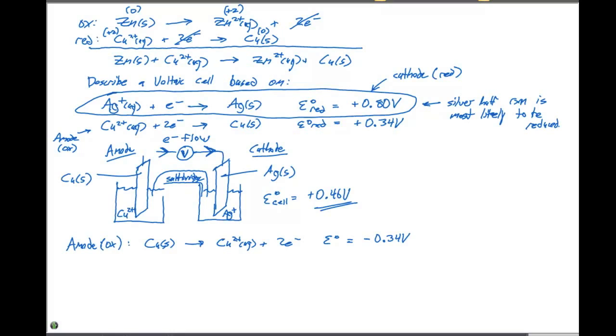If we have a cathode half reaction, which is the reduction, the species being reduced is the silver+ ions in aqueous solution plus an electron, giving us silver solid. The cell potential for this particular reaction is actually the reduction potential, which is positive 0.80 volts.